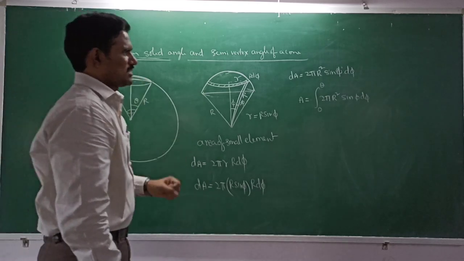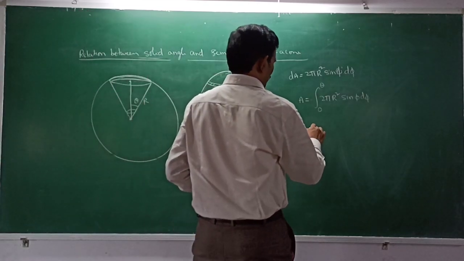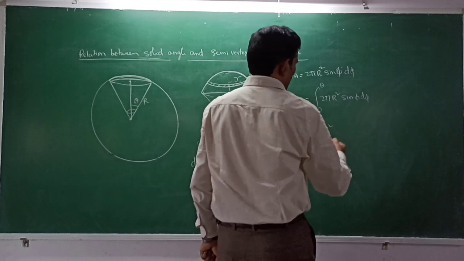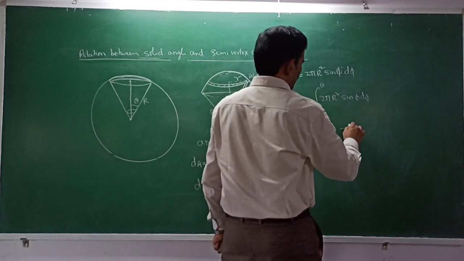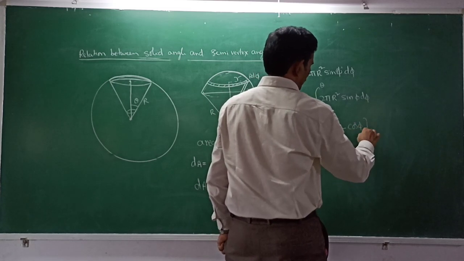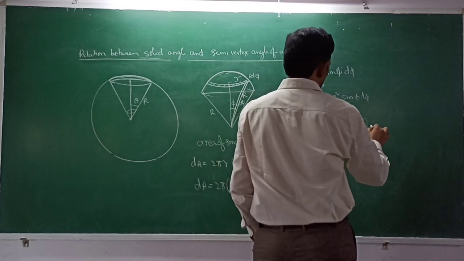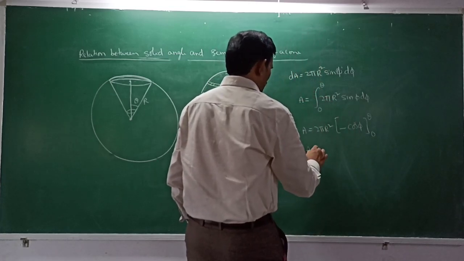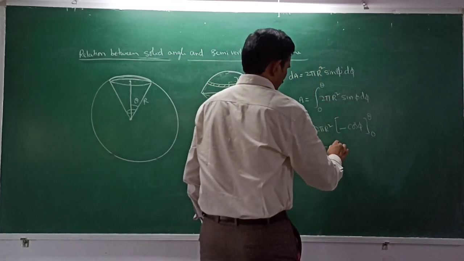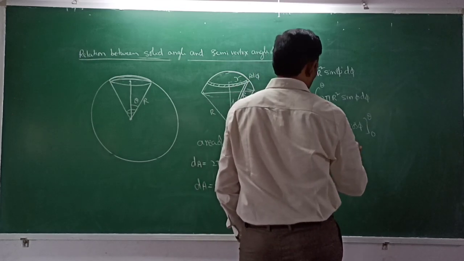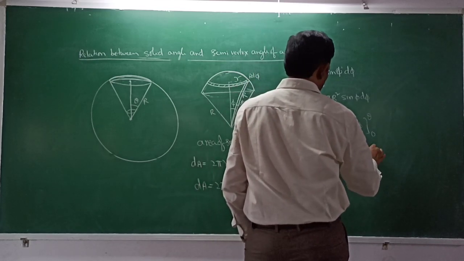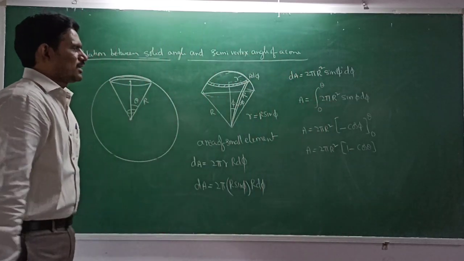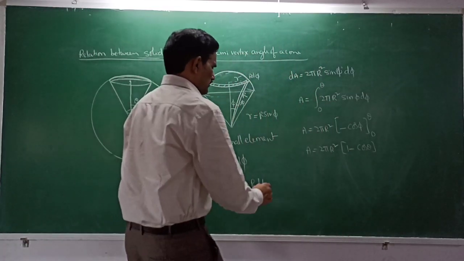And so now let us integrate this expression. 2 pi R square into integral of sin phi is nothing but you will get minus cos phi, and limits are from 0 to theta. And so the area we can write as 2 pi R square into 1 minus cos theta, right? Now let us write the solid angle definition.